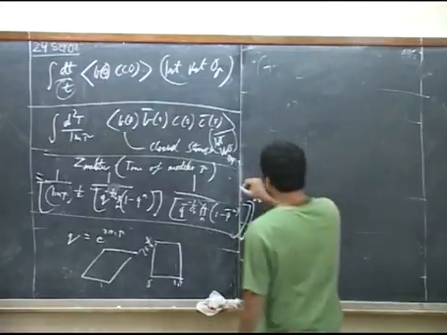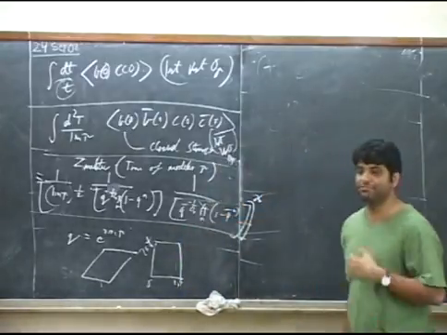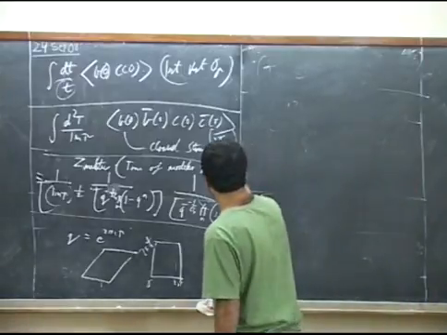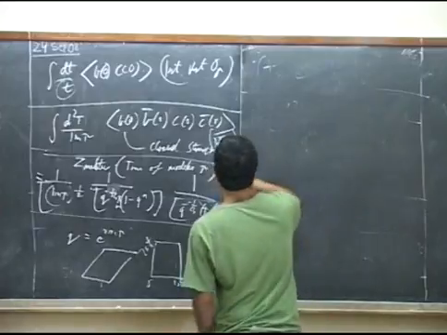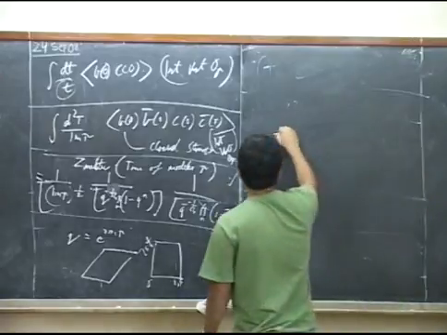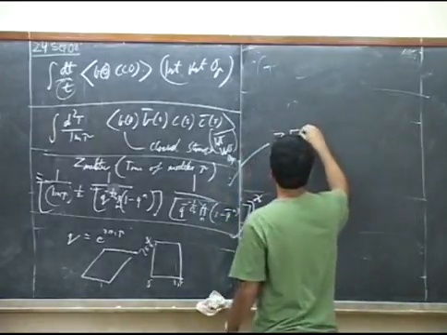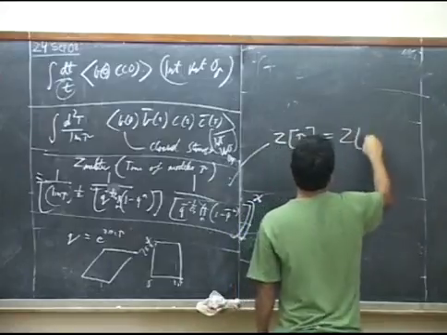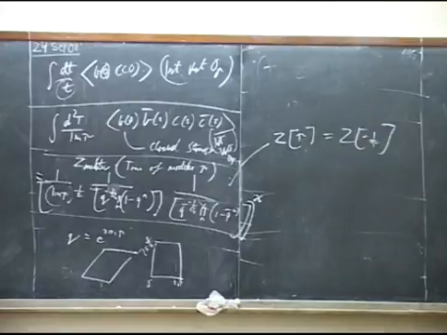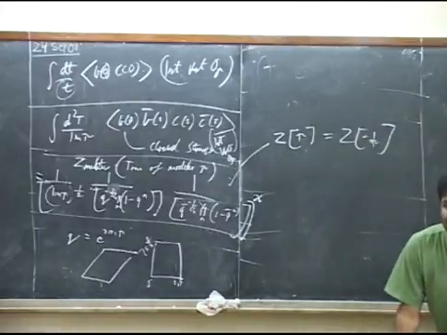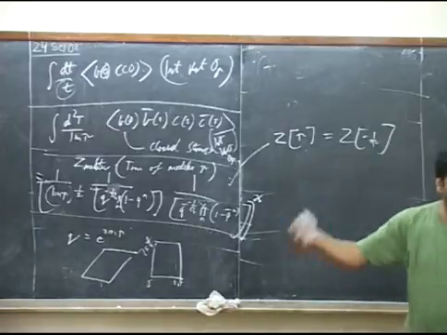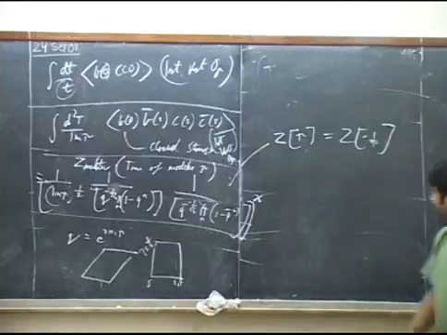Okay. Something that we can say immediately about this partition function is that it is modular invariant. That is, Z of tau is equal to Z of minus 1 by tau. Or more generally, it's invariant under the full modular group. We discussed this SL(2,Z) modular group last semester, I won't describe it again.